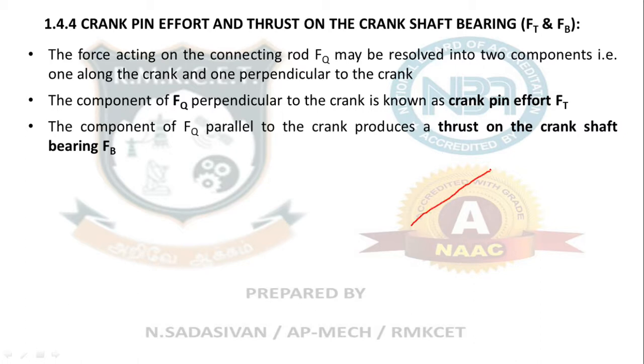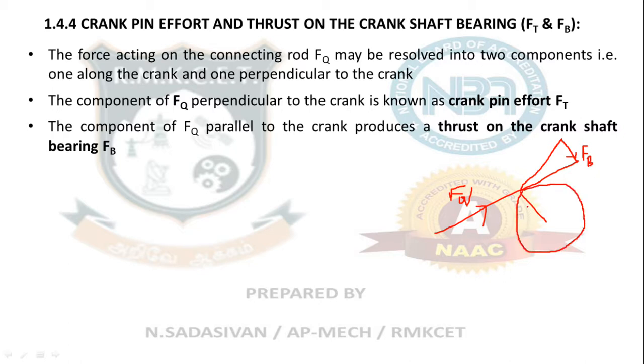The connecting rod force, which is going to push your crank to move along the circle: one component will be tangent to the circle, the other along the radius of the circle. Therefore, in your book, I'm sorry for the geometry of this figure, they would have extended this FQ, and then drawn one tangent to the dotted circle and one along the radius of the dotted circle.